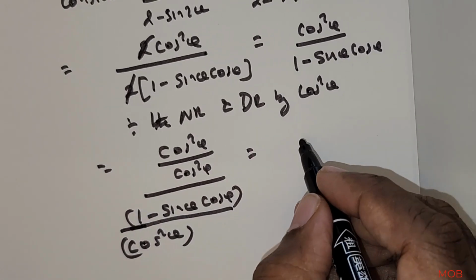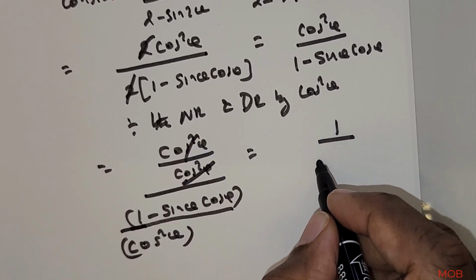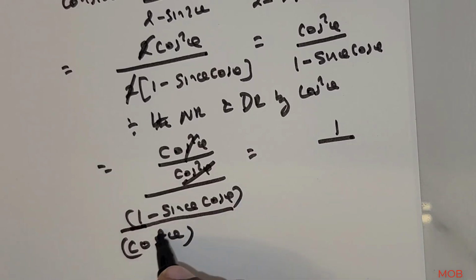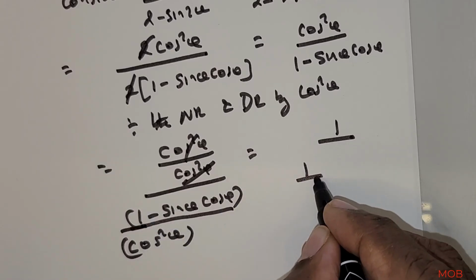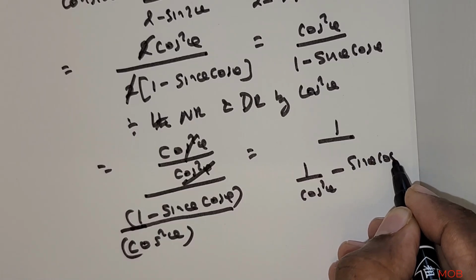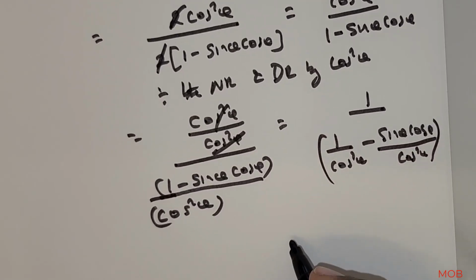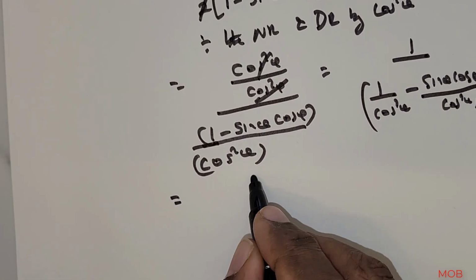The cos squared gets cancelled in the numerator, so it's going to be 1 over. I wish to split this as 1 over cos square theta minus sin theta cos theta divided by cos square theta.